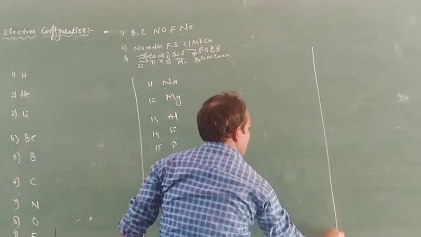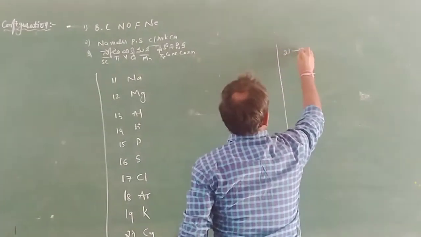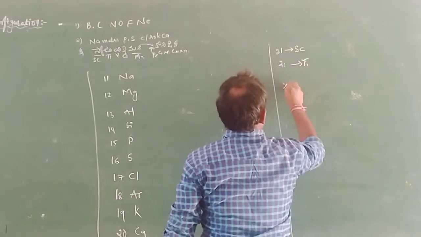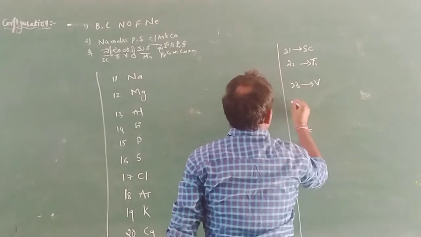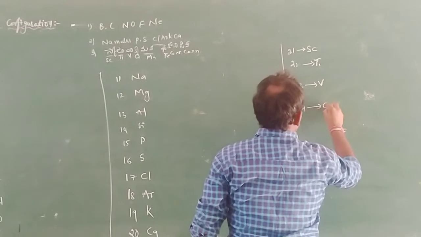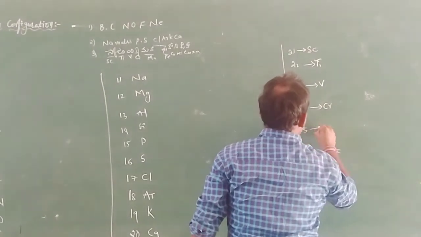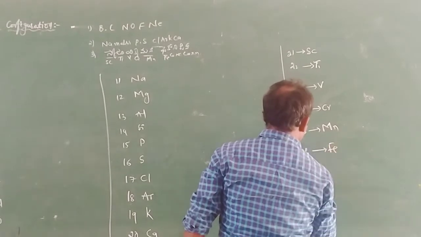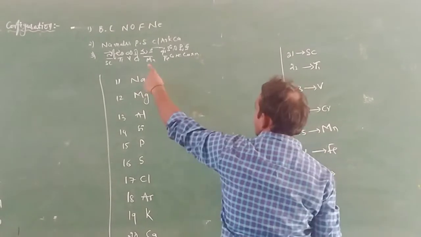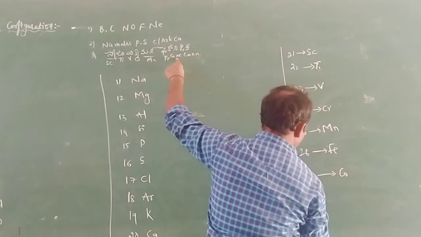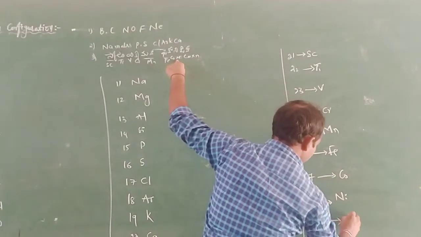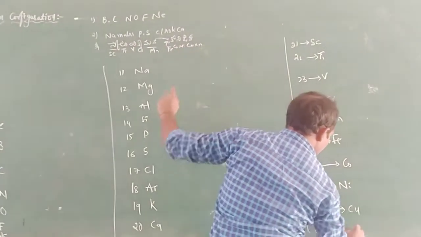Next, 21 scandium, 22 titanium, 23 vanadium, 24 chromium, 25 manganese, 26 iron, 27 cobalt, 28 nickel, 29 copper, 30 zinc.